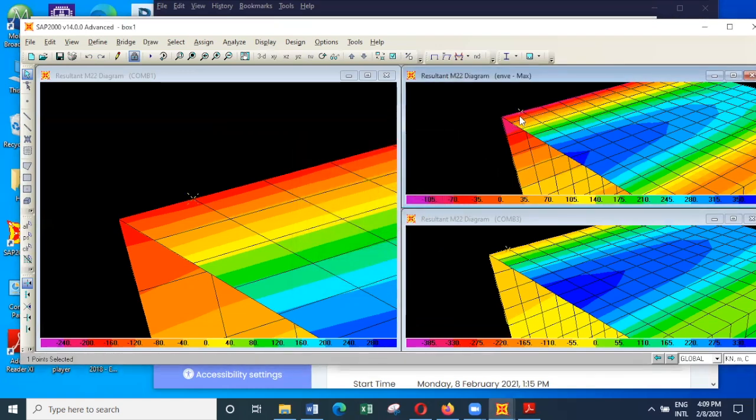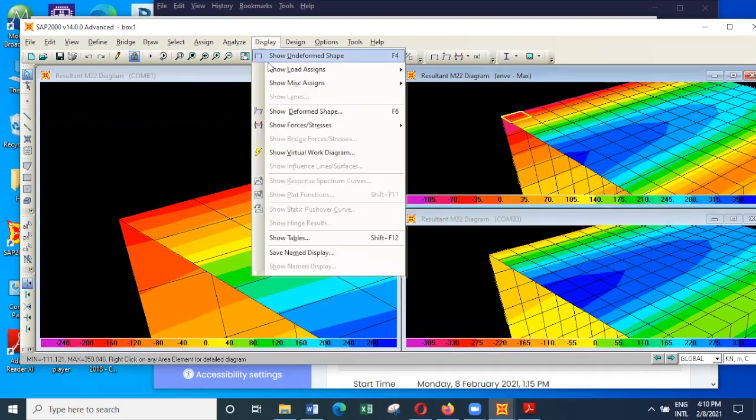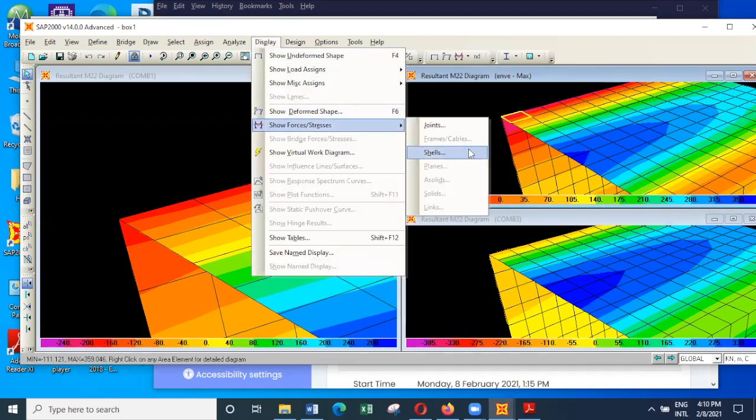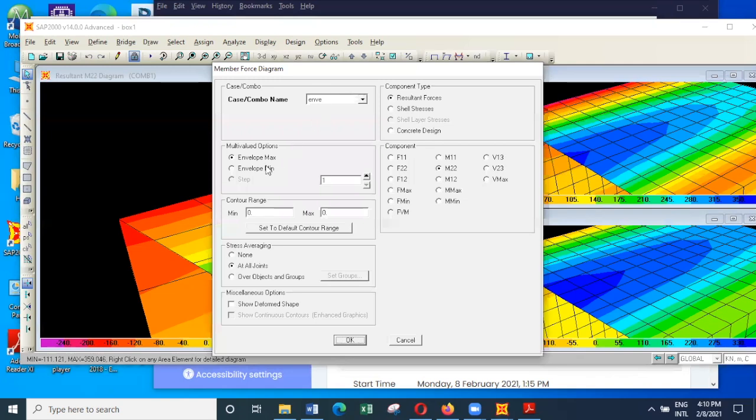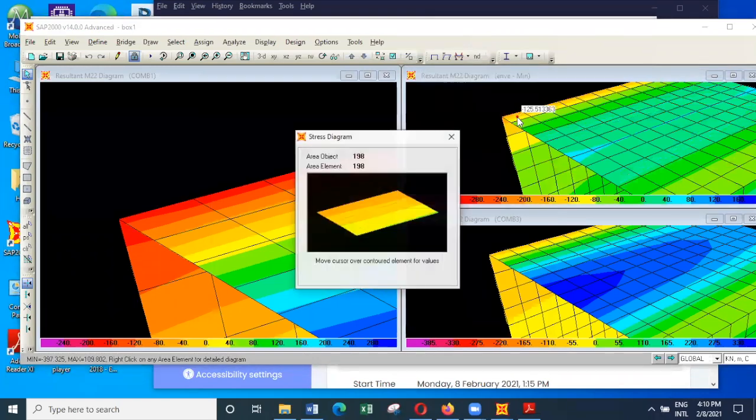But if you look at this element, here you are not getting 190 something. What is the reason? Always when you are looking at the envelope, you have to look at the maximum value and minimum value. The moment you look at the minimum value, you are getting something close to 190.